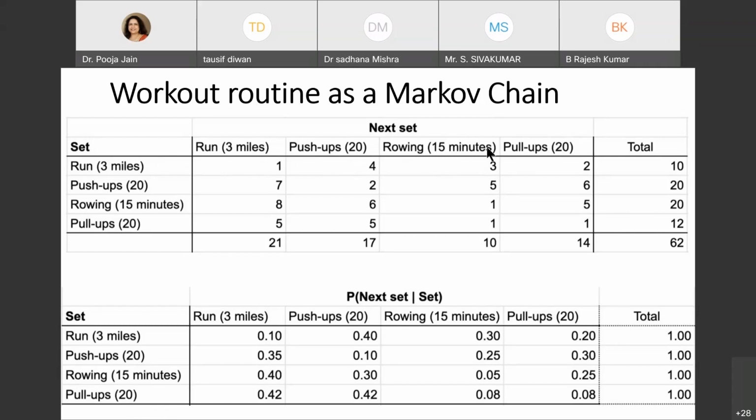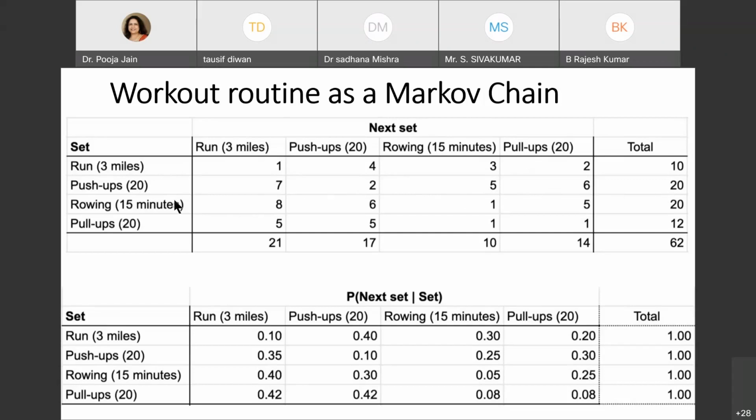Fine. Other characteristics: when you are currently doing push-ups, how many times do you take push-ups once again? 2 times. Running after push-up is 7 times. Rowing after push-up is 5. Pull-up after push-up is 6 times. This is the summation: 7 plus 2 is 9, plus 5 is 14, plus 6 is 20.